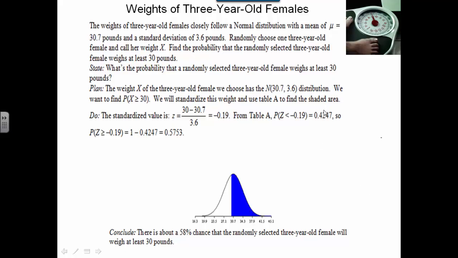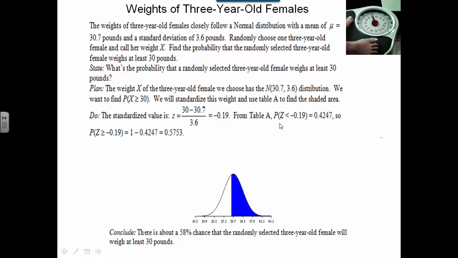In our next example, we're looking at weights of 3-year-old females. What's the probability a randomly selected 3-year-old female weighs at least 30 pounds? Our mean is 30.7, standard deviation 3.6. We standardize the weight and use table A to find the shaded area. So our z-score is negative 0.19.